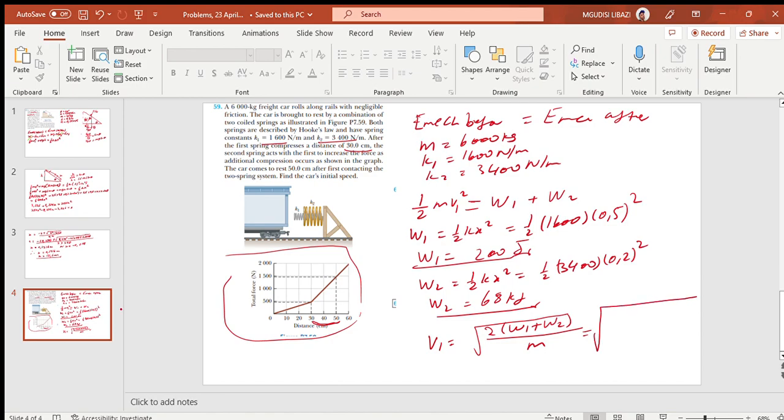So that's going to be the root of 2 times the first work, 200 joules, plus 68, divided by the mass, which we're given, that is 6,000, and then the initial velocity I found to be 0.299 meters per second. So 0.299 meters per second, that's it. So yeah, that's how we can solve this problem.